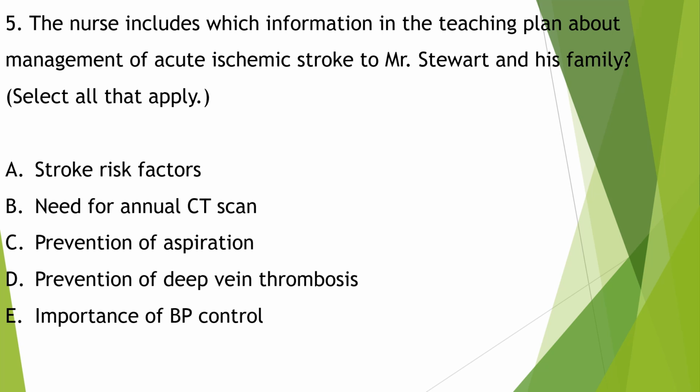Due to potential swallowing impairment, they may require attention to minimize the risk of aspiration. Due to his medication and prior history, he may have a risk of deep vein thrombosis. There is no indication for a need for CT scan in a patient who has had a stroke event.